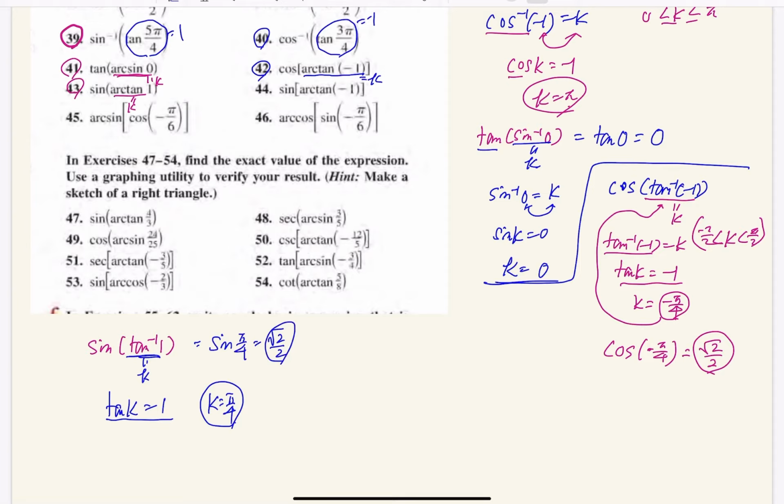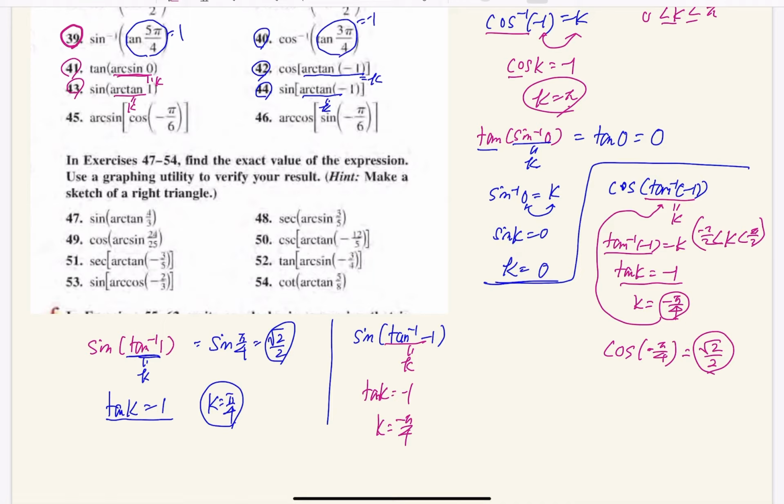44. Sine tangent inverse negative 1. Set up k for that. Switch x and y. Tangent k equals negative 1. What is k? k should be negative pi over 4. Not 3 pi over 4 because we cannot use the second quadrant. k should be in the fourth quadrant as a negative angle.